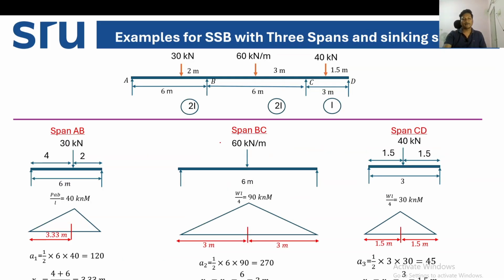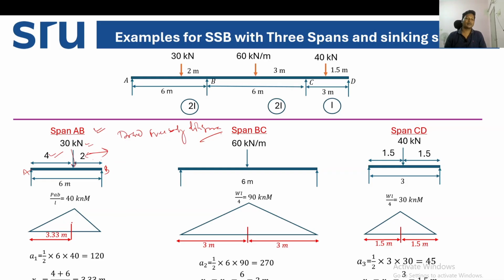The first step is to draw the free body diagram. First, draw the free body diagram of span AB, which is 4 meter from A and 2 meter from B. The point load is 30 kilonewton.